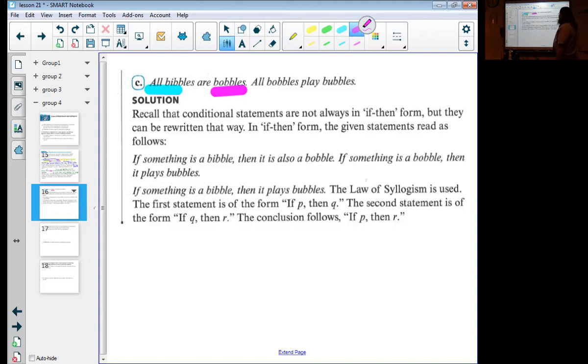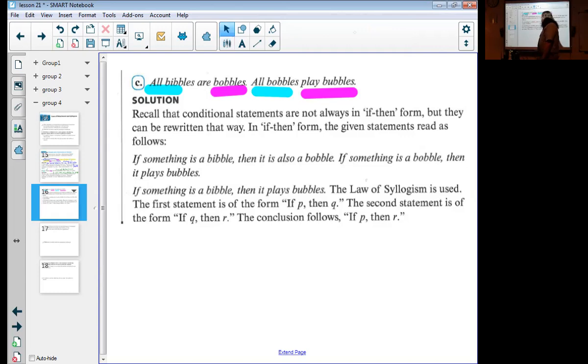All baubles play bubbles. So we have if bauble, then play bubbles. So here we have a hypothesis and a conclusion that are the same.